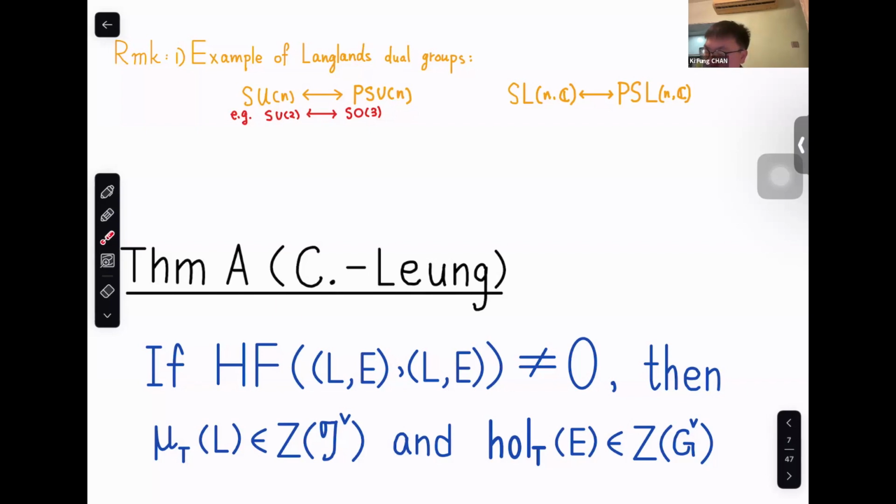In particular, if you take N equals 2, then SU(2) and SO(3) are Langlands dual because PSU(2) is equal to SO(3). There is also a complexified version. If you complexify SU(N), it becomes SL(N, C), and if you complexify PSU(N), it becomes PSL(N, C). These are the only Langlands dual groups that we will be using in this talk.